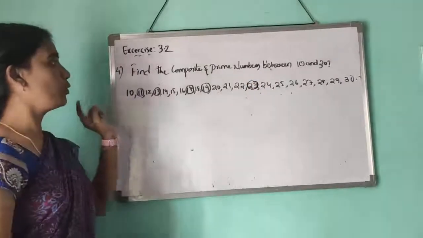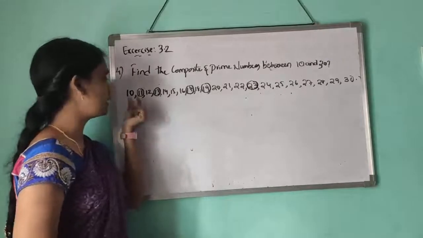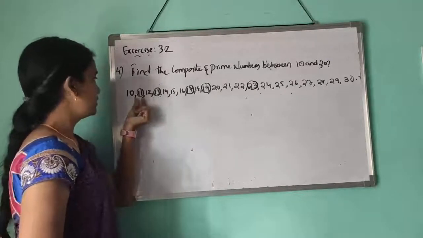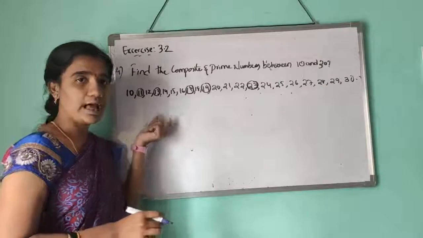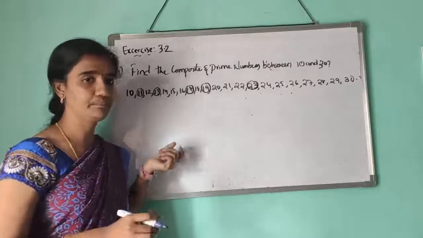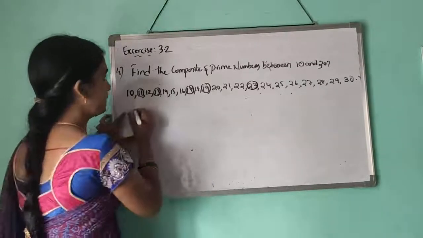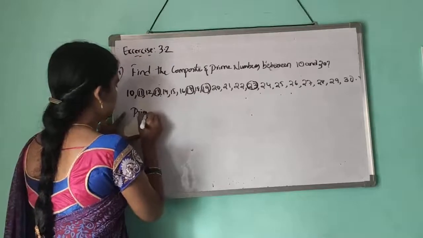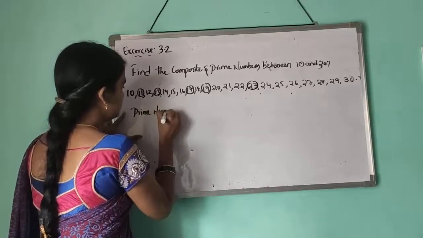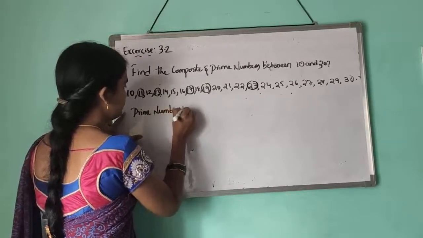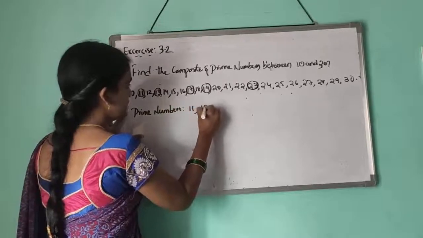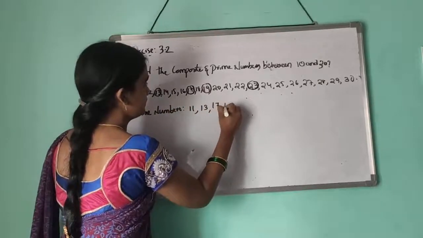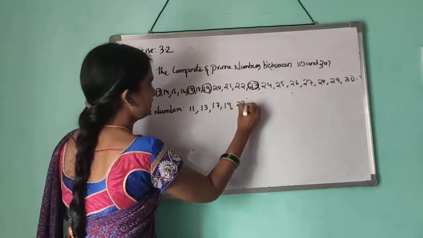These numbers are divisible only by their own table. These numbers have a unique identity. Then the prime numbers are 11, 13, 17, 19, 23.